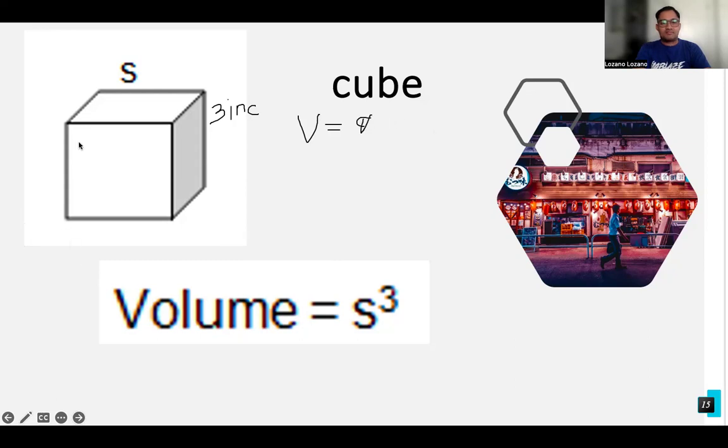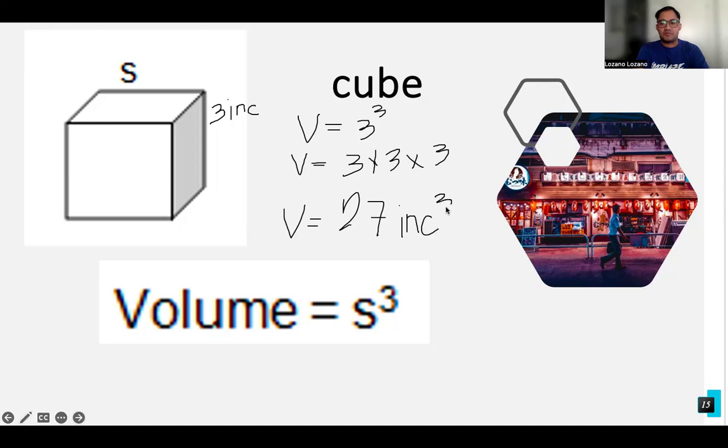Ang ating measurement ay 3. Ibig sabihin, 3 cubed. Volume equals 3 times 3 times 3. 3 times 3 is 9, times 3 is 27, very good, inches cube.